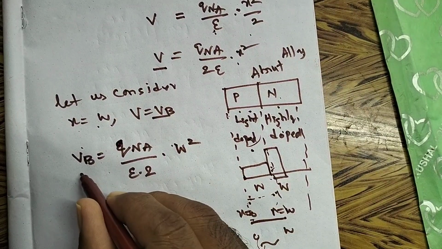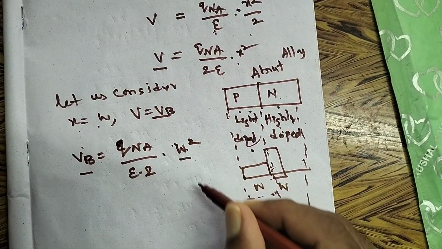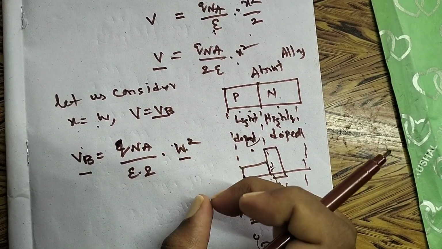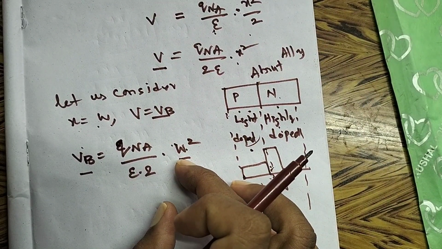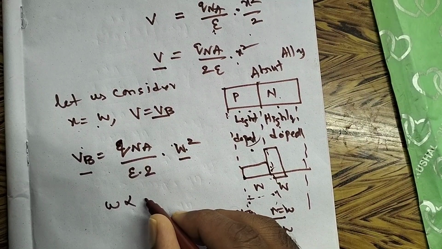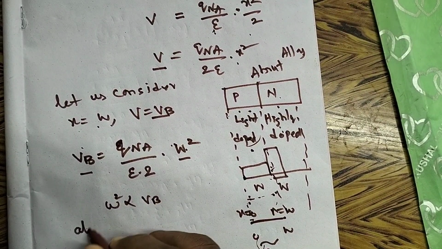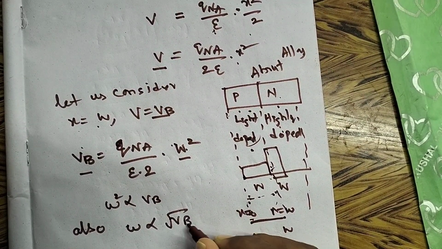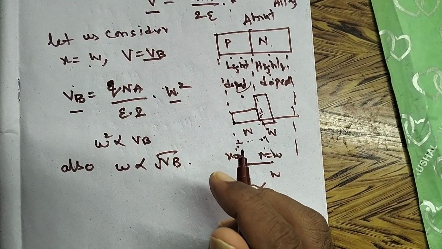See, when the applied potential increases, the width increases. When does it happen? When reverse bias condition, the depletion layer increases, then the width of the depletion layer also increases. So w square is directly proportional to vb, so w is directly proportional to square root of vb. It is all due to the reverse bias voltage.